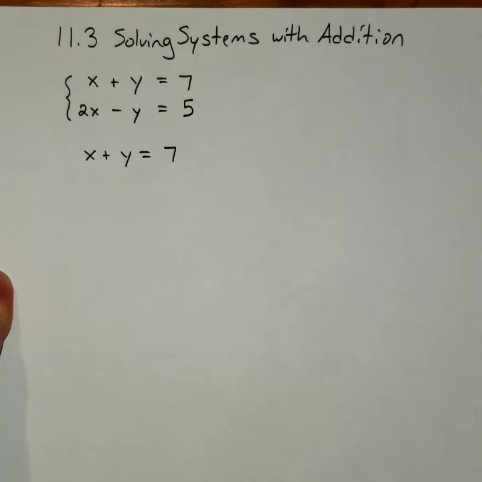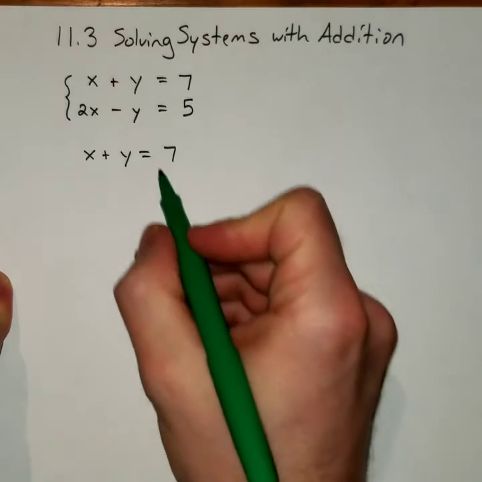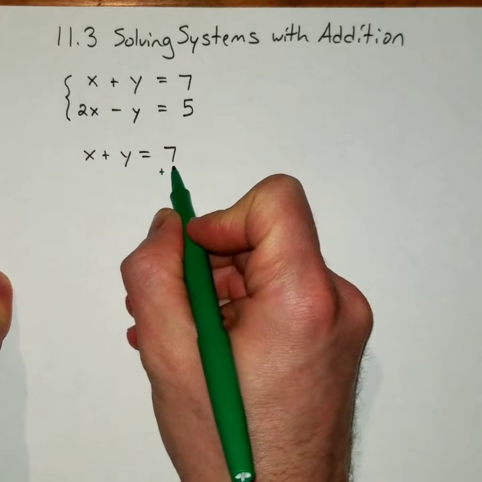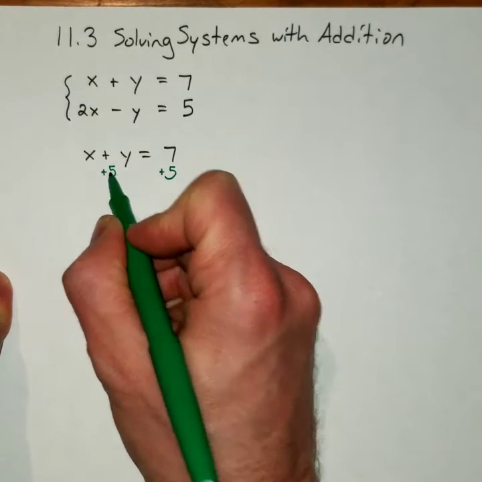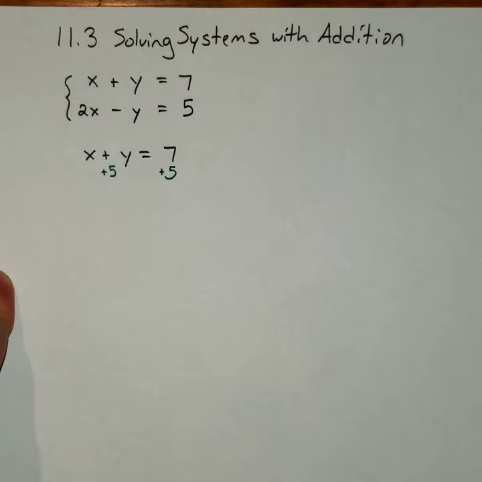But I'm going to strategically choose a value to add to both sides. I'm going to add a 5 to both sides. You might say, why did he choose 5? That's kind of a weird number to just randomly choose. And that seems true. But there is a reason I chose the 5.